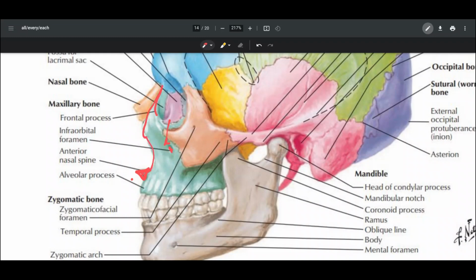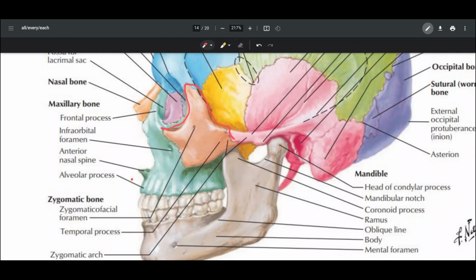So, the one process which goes up to the frontal bone forms the frontal process. All right. Another portion goes and forms the floor of the orbit, contributing to the orbit formation also. Okay, so this is the maxillary bone.